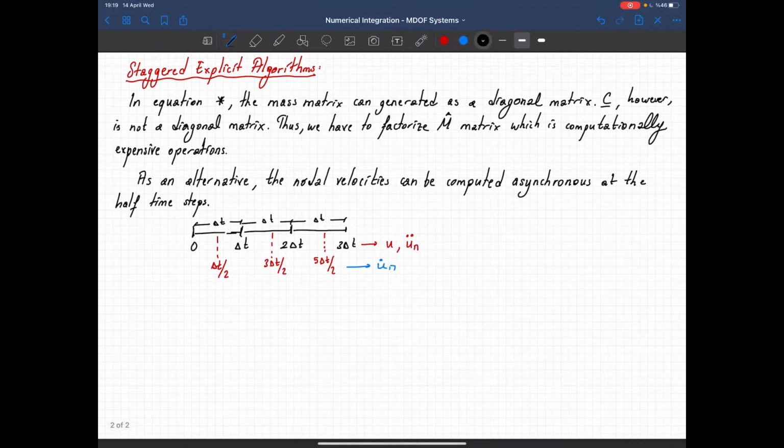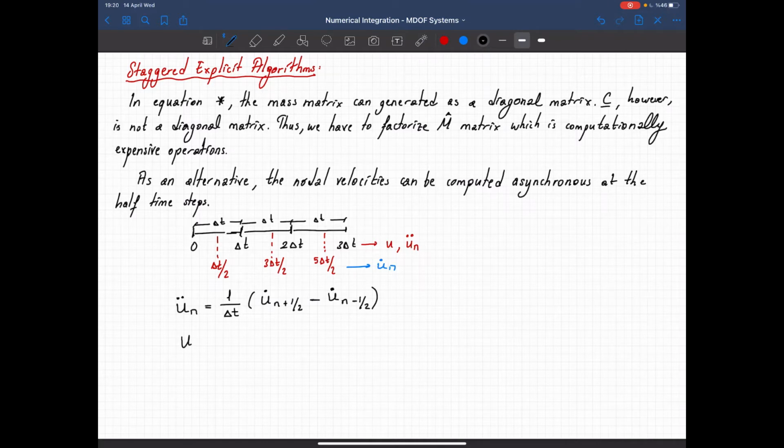How? I can say that the acceleration at n is equal to 1 over delta t times the velocity at n plus 1/2 minus the velocity at n minus 1/2. In other words, by using these two values, I'm calculating the acceleration at this time step.